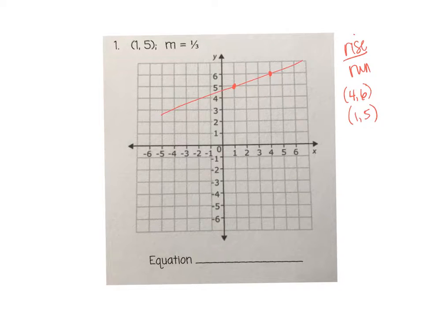I can sketch my line there. And I want to go ahead and put that in my calculator. So I'm going to clear my list, go to stat, edit, put in my points.